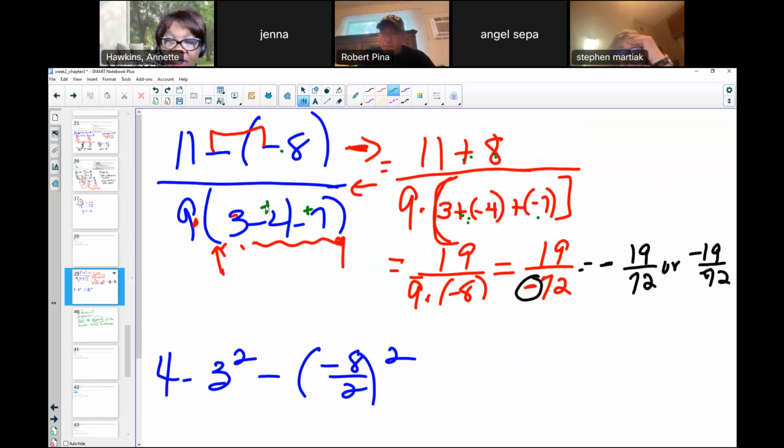And the reason I changed it all to addition is so that you can see the numbers and get it correct, because this is a negative 4 and that's a negative 7, so that you can end up getting a negative 8 and not get it incorrect. Now, if you don't need to change it, that's fine, but I just changed it so that you can see it.